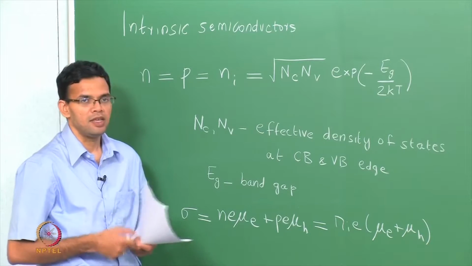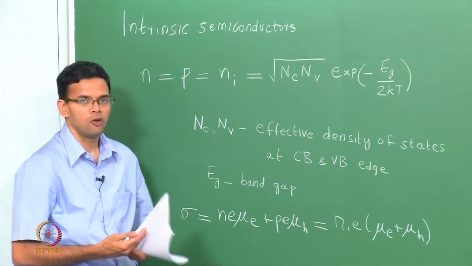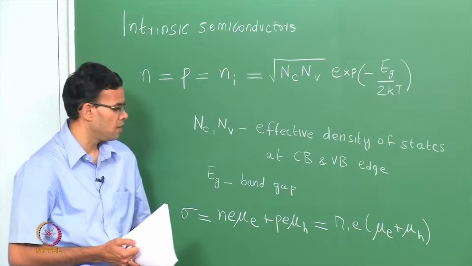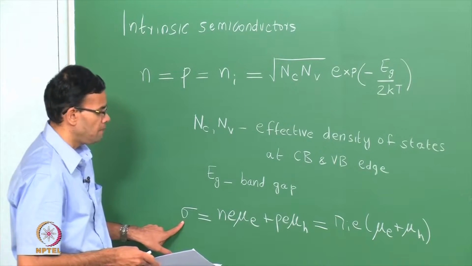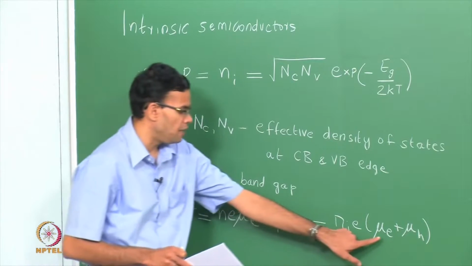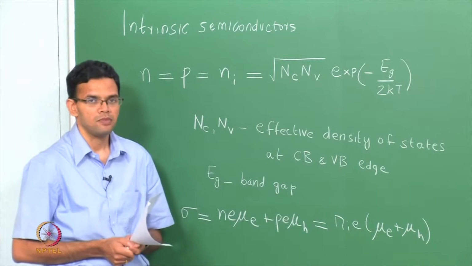They represent the ease with which the electrons can move through the conduction band or the holes can move through the valence band. Higher the value of n, higher is the conductivity. Similarly, higher the value of mu_e and mu_h, higher is the conductivity.